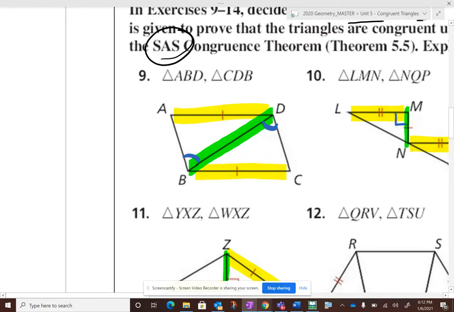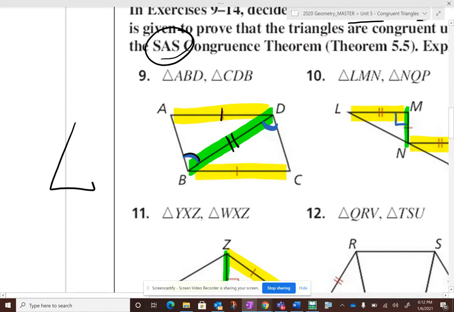If you can pause the video and color code this, it might help you a little bit. What I've done here is highlight what they have in common. So they have this side, AD is congruent to BC, but also BD is congruent to itself using that reflexive property. So they do have two sides and an angle in common. However, if you look at this closely, they've got a side and an angle.